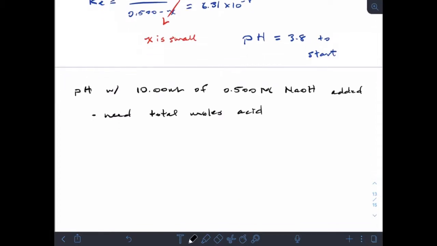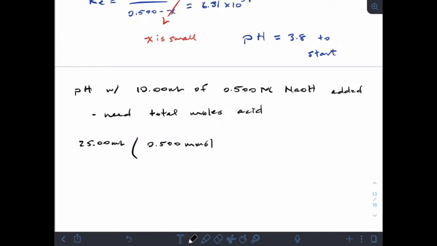Right, so we have 25 milliliters of 0.5 molar acid. And I can simplify my math a little bit by saying millimoles per milliliter. You can always use those equivalents, like kilomoles per kiloliter or anything like that. As long as I do the same thing to both, I don't have to change my units. Right? So we have 12.5 millimoles of acid.